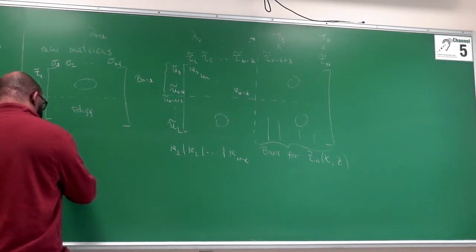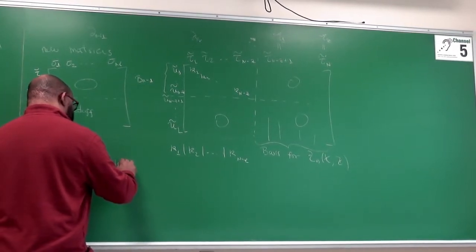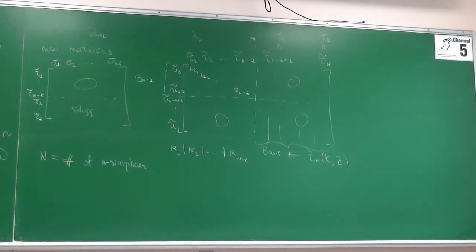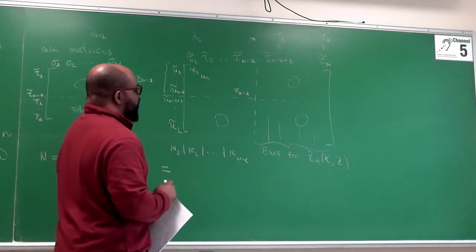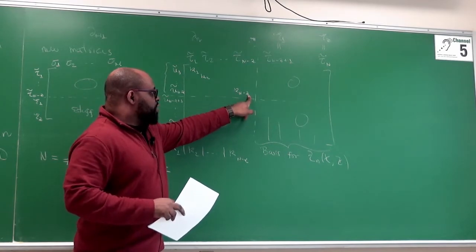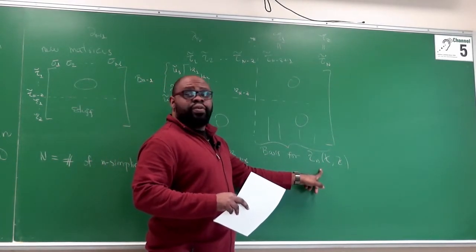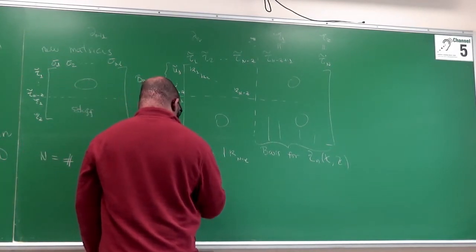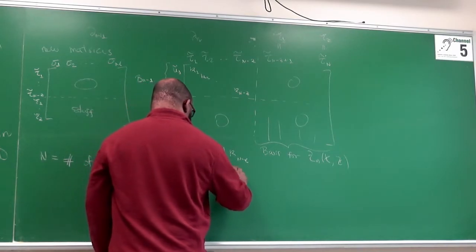That's the first observation, because we started with the basis of n simplices, so that has size n. So the number of n simplices is going to be n minus z plus z.